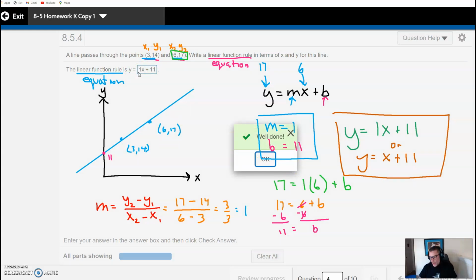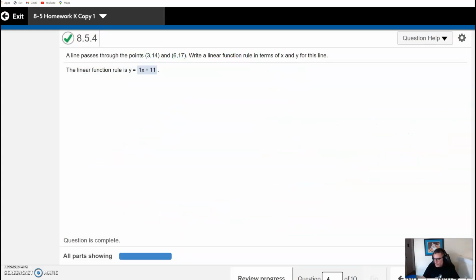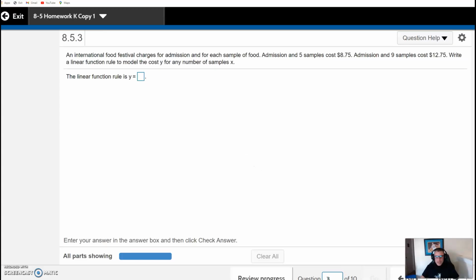Okay, so now what we're going to do is we're going to take the same strategy, but we're actually going to work on a problem that has context or story to it. So I'm actually going to go back to number 3. And they give us a little story. And remember that last problem, it started off that we had 2 coordinate pairs. And so every problem on this assignment, we have to come up with 2 coordinate pairs to write our linear equation.